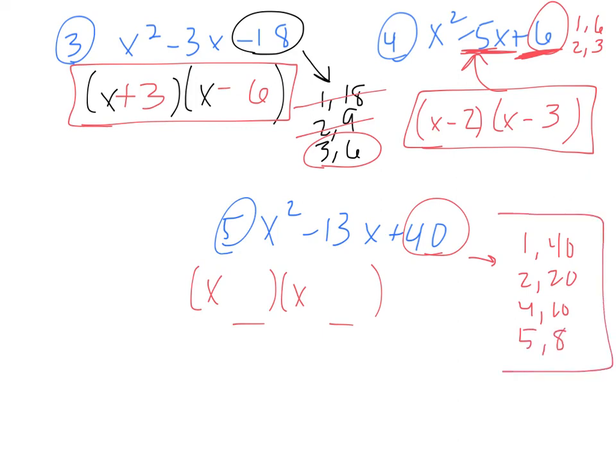So out of these 4 sets of factors, which one will we put in the underline? Let's see. What do we need in the middle there? We need a negative 13. So start looking. Can I get negative 13 from this? No. No. No. Aha! I could get 13 out of 5 and 8.